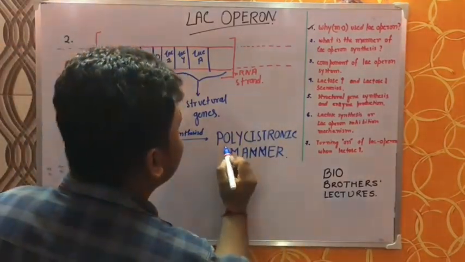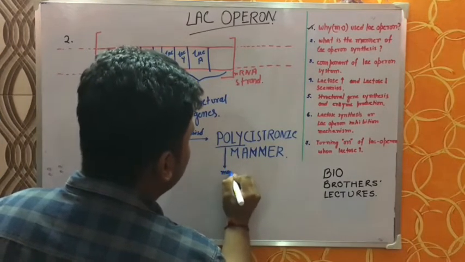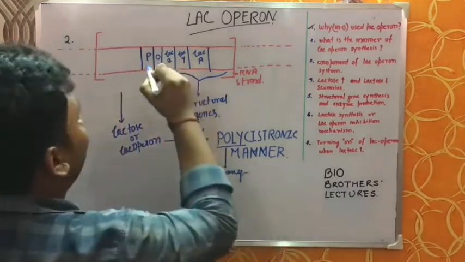So what is polycistronic? Poly means many.